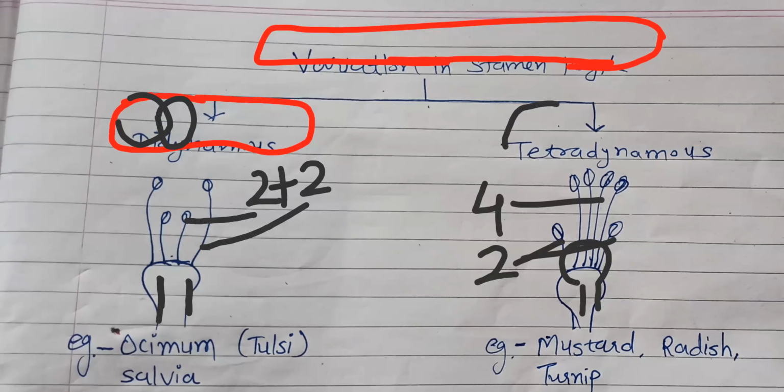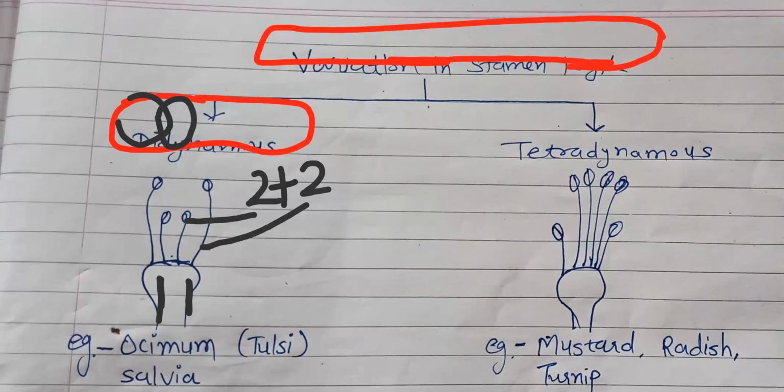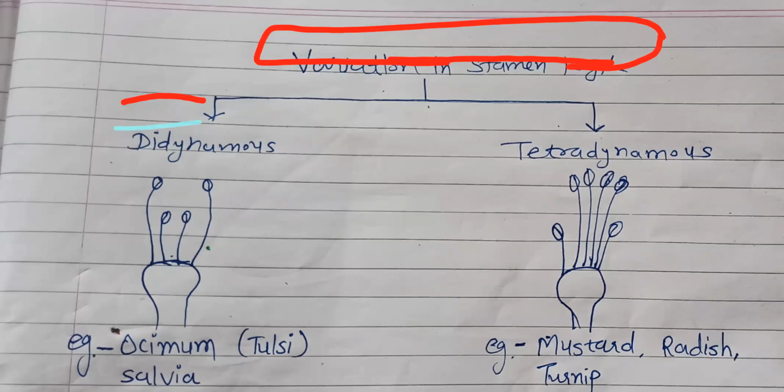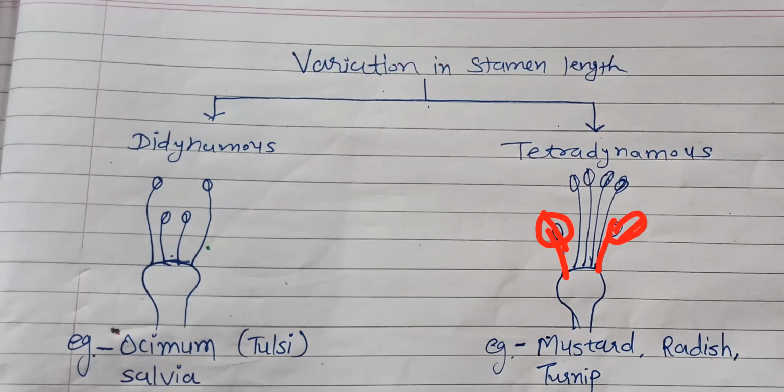So tetradynamous, in that total 6 stamens, out of these 4 are long, which are located at the center. At the periphery, two short stamens are present. Remember this kind of arrangement. This information is only and only for the NEET exam.